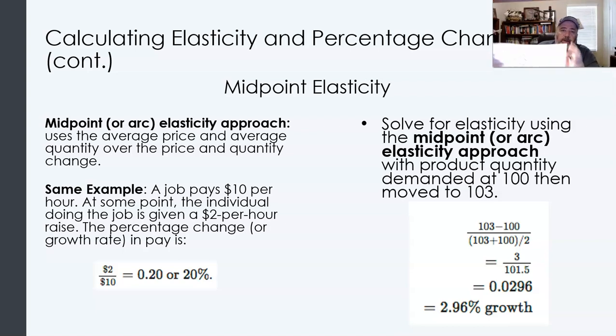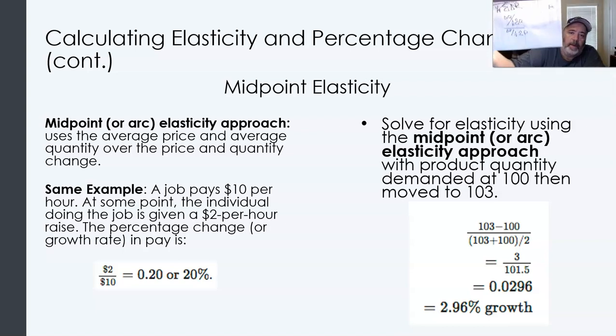So here's the new and improved formula. All right, pause that and write that down. What that is saying is the change in quantity divided by 1/2 the sum of the two quantities. That's going to be what goes in my numerator. My denominator is going to be the change in price divided by 1/2 the sum of the prices.